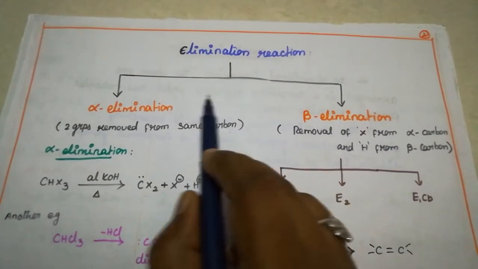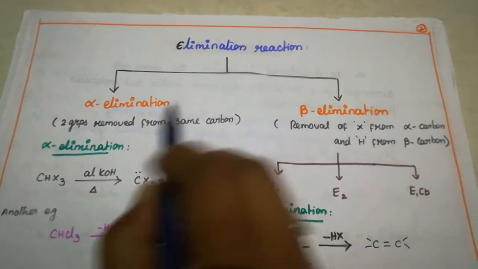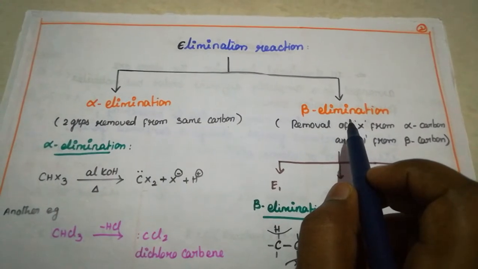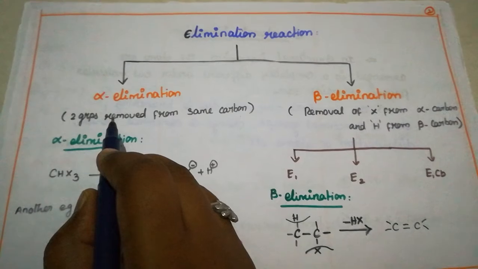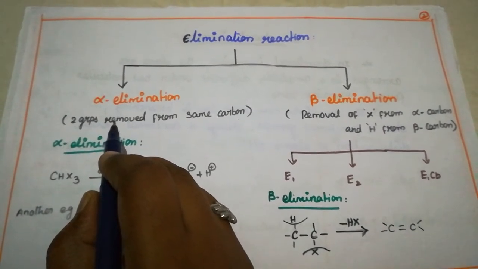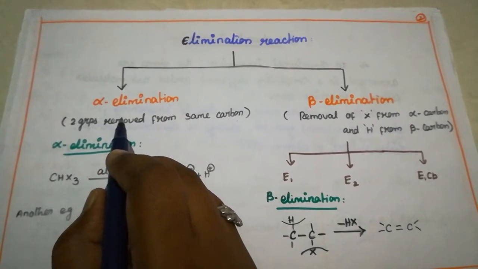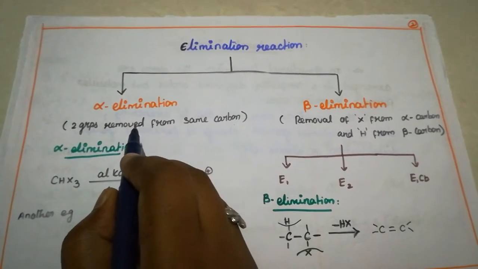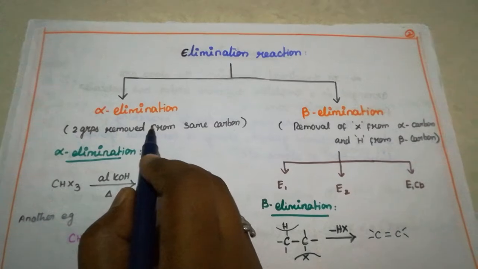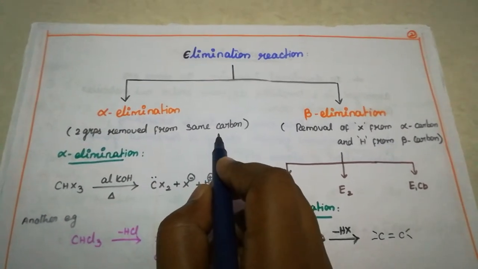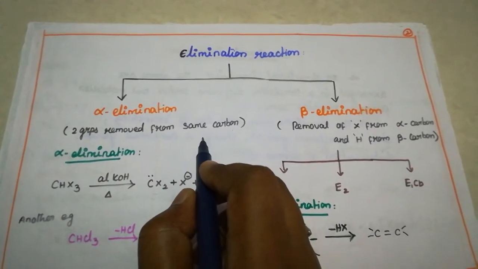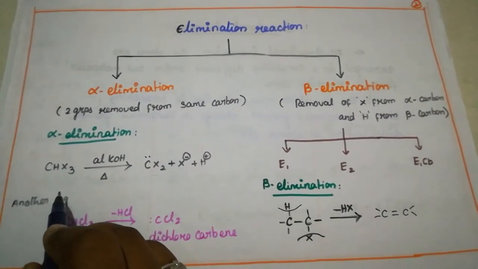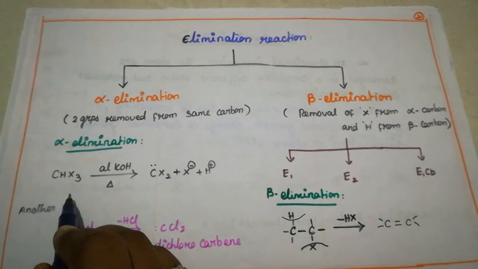Elimination reaction is classified into two categories. The first one is alpha elimination, the second one is beta elimination. Alpha elimination means both the groups are eliminated from the same carbon atom. Those reactions in which both atoms or groups are removed from the same carbon atom are called alpha elimination reactions. For example, I am taking this CHX3 group.